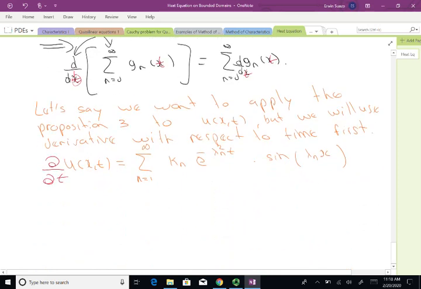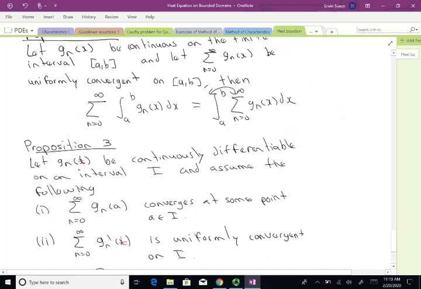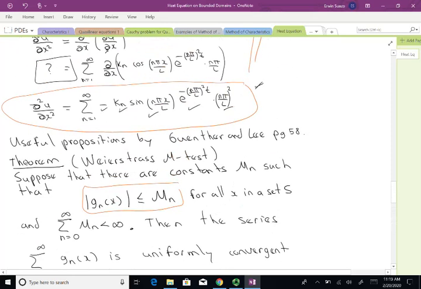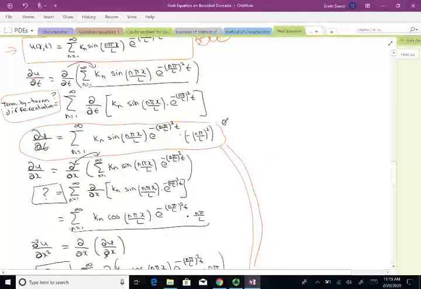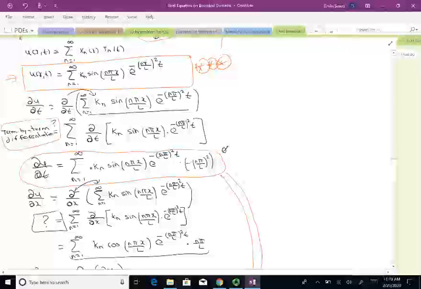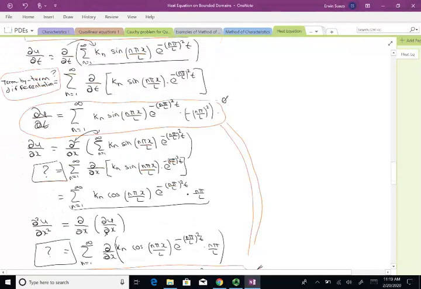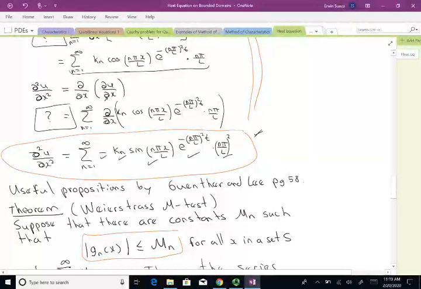You apply it to time or to x. So we're going to apply it here, but then we need to move it to this side. That's what we did in my previous video. We verified that when you interchange the derivative of u with respect to time, you obtain this value, and when you interchange it twice with respect to x, you obtain this value.